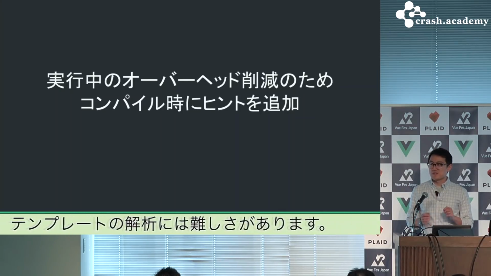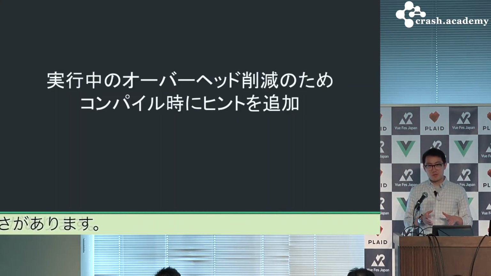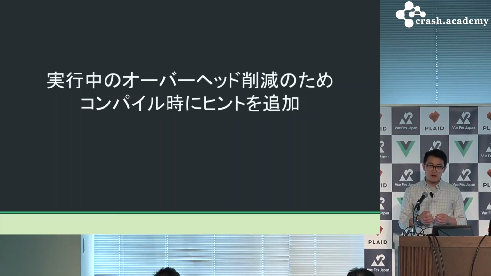So the compiler will be able to make more assumptions and extract more information. The general idea for compiler optimization is to extract as much information as possible when we are compiling the template. So I will walk through a few examples.